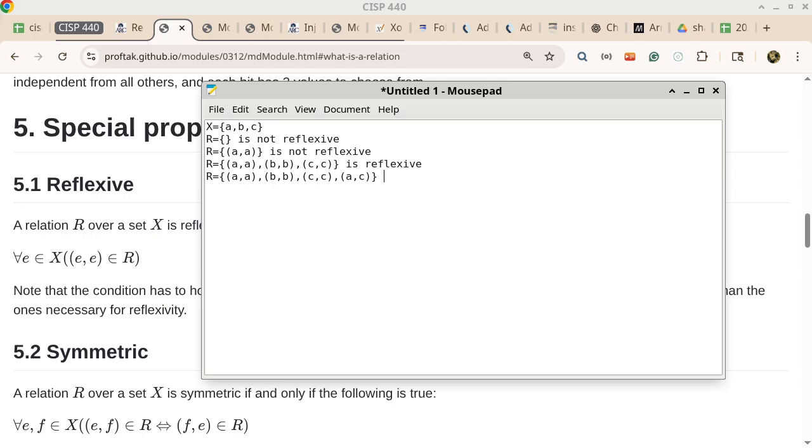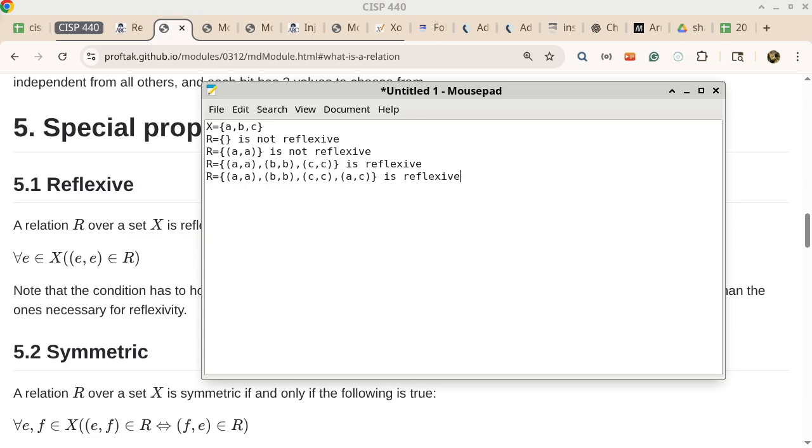It is still reflexive. You can add additional elements to the relation R. It is still reflexive. We evaluate whether this is true or not. So this is still reflexive.